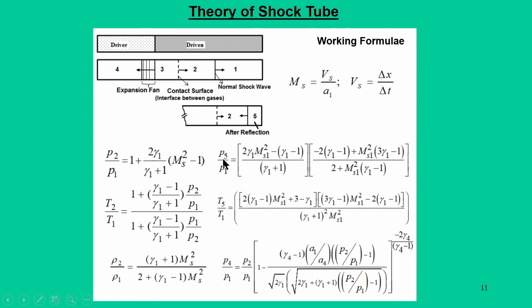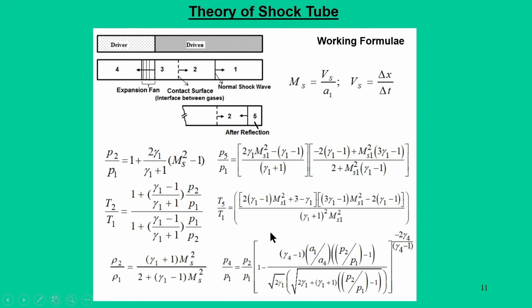The pressure jump across the reflected shock is P 5 by P 1, and the temperature ratio is T 5 by T 1, and all these are functions of Mach number. If you see P 2 by P 1 and P 5 by P 1, they are functions of shock Mach number. Gamma 1 means the specific heat ratio of the driven section test gas. If it is air, its value is 1.4.